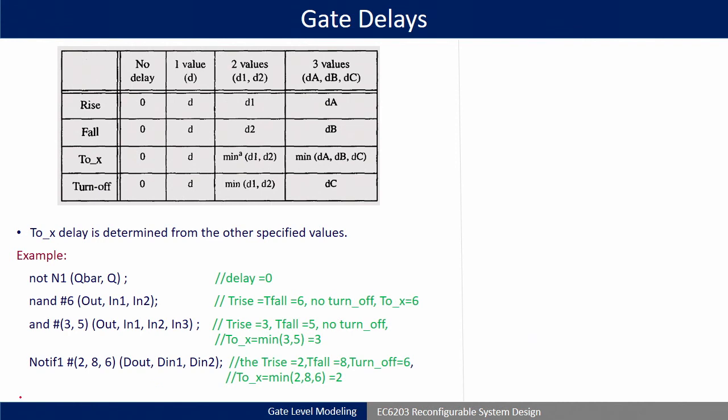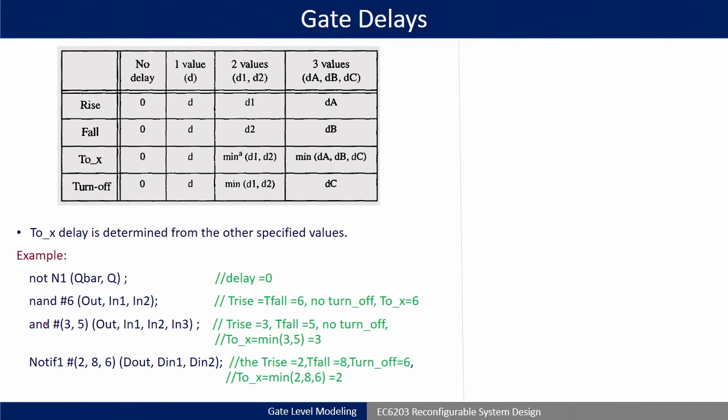Okay. In the last case, we may have 3 values of delay, let us say dA, dB, dC. So, rise delay is dA, fall delay will be dB, and turn off delay will be dC. Okay. And the transition to x delay will be evaluated as the minimum of dA, dB and dC. Now, that is why in the example I have taken notif1, because notif1 may attain a high impedance state, that is Z. Understood?